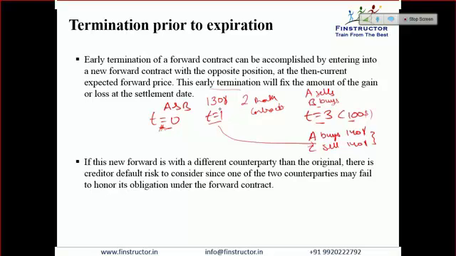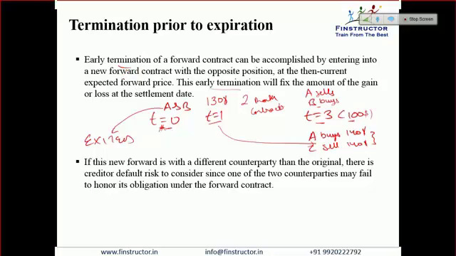So if the price of the book is now around $130 or $140, then nobody will agree to sell the book at $100, right? Today's contract will happen at today's prices. So let's assume today's prices are in the range of $140. So A agrees to buy at $140 and another counterparty C agrees to sell at $140. By entering into this agreement, A has effectively exited or terminated the contract.